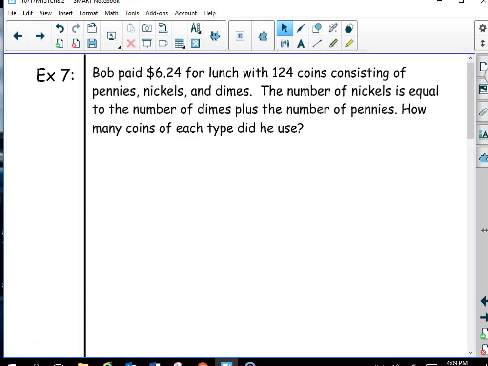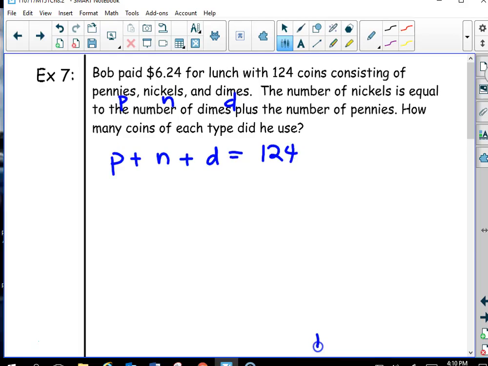Okay, so we really do have three equations in here, and I'm going to start with the simplest one. Let's use P for pennies, N for nickels, and D for dimes. The number of pennies plus nickels plus dimes, they tell us, is 124 coins.